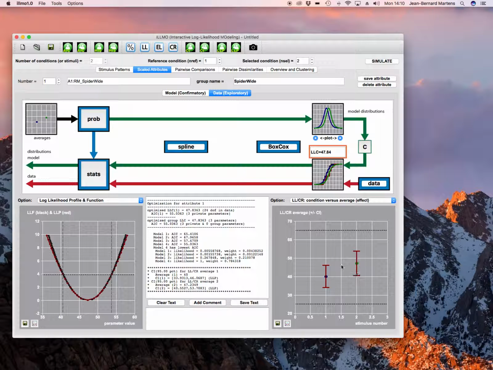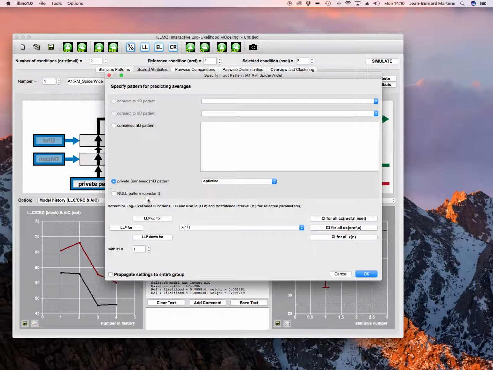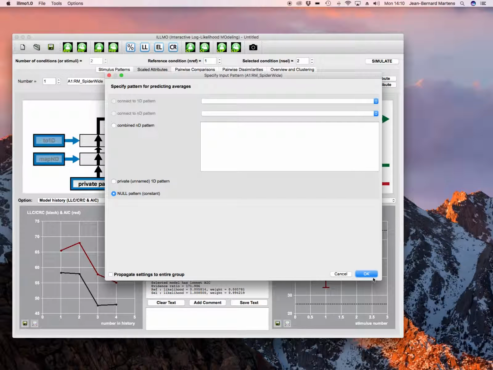You can see these are overlapping, so there seems to be some evidence that the averages might be very similar. The way we can test this in ILLMO is to take the current pattern, which has one average per condition, and change that into a null pattern where the averages are all the same.